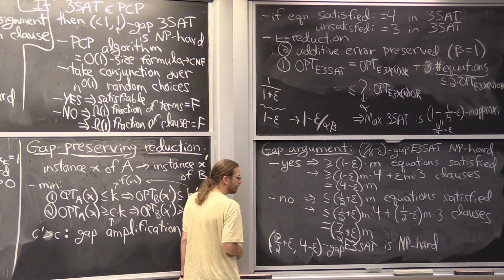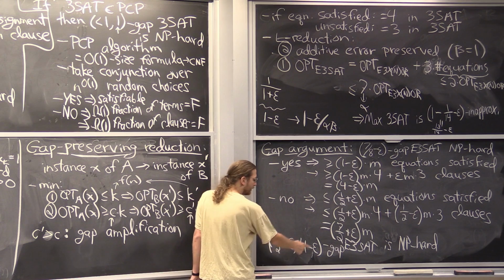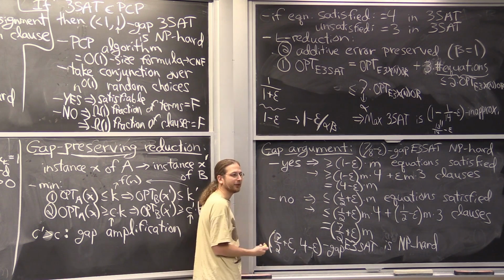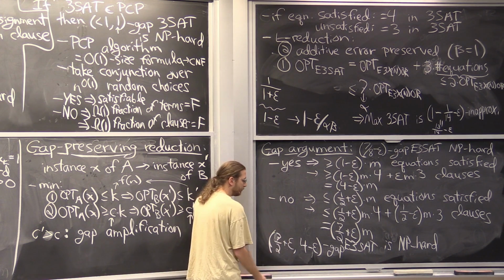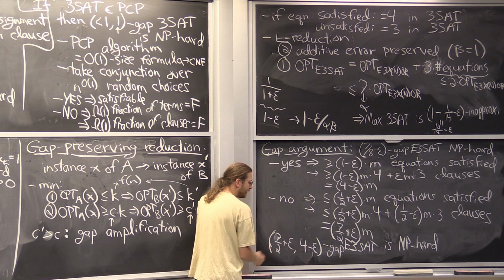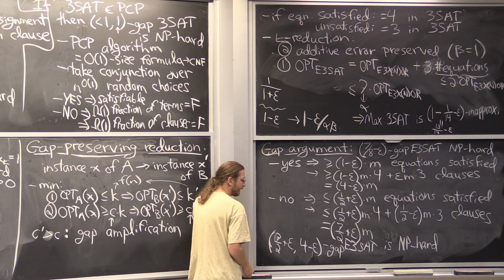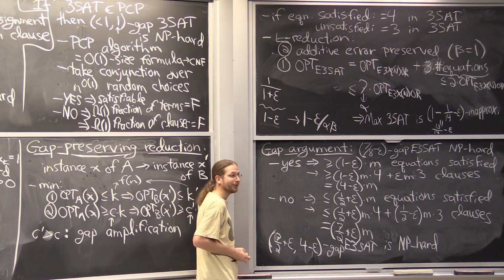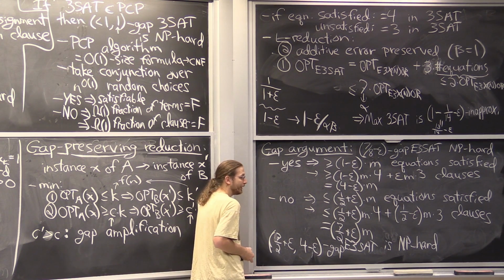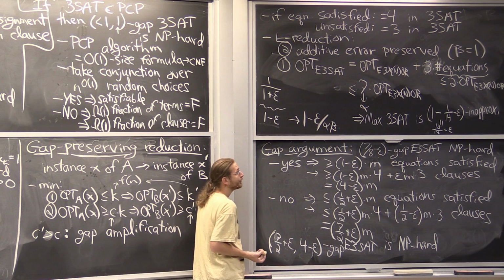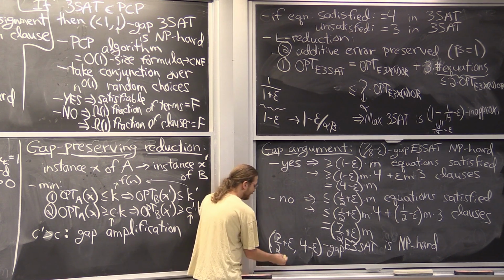And so if we want to, this is with the comma notation for the yes and no, what fraction is satisfied. If you convert it back into the C gap notation, you just take the ratio between these two things. And ignoring the epsilons, this is like 4 divided by 7/2. So that is 7/8 or 8/7, depending on which way you're looking.